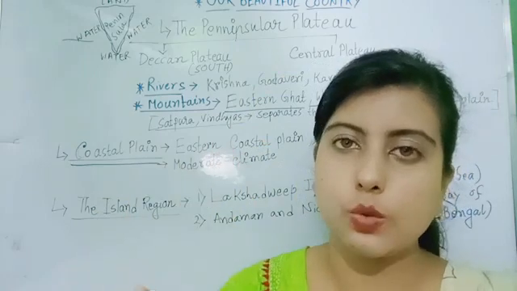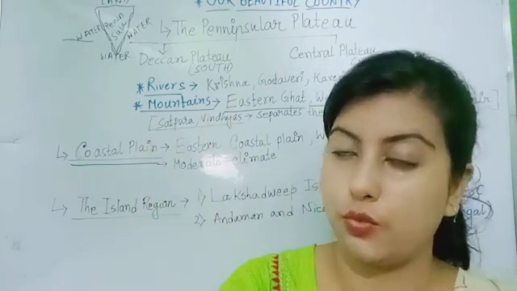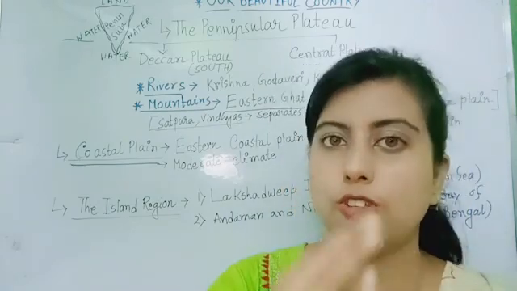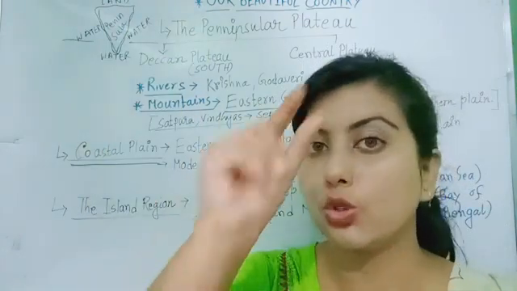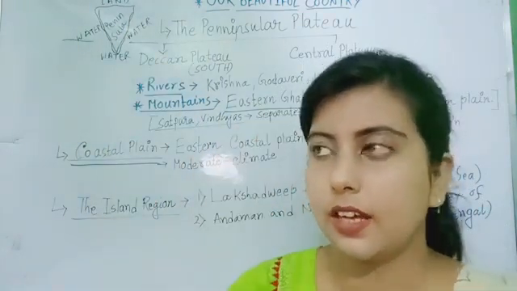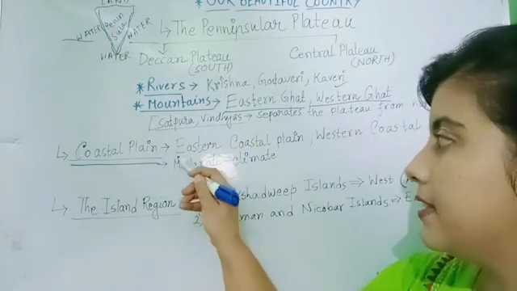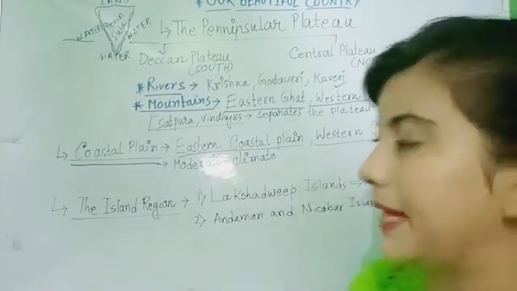And as you all know, India has the Arabian Sea in the west and the Bay of Bengal in the east. So along these two seas, there is coastline. Now the two major coastal plains are the Eastern Coastal Plain and the Western Coastal Plain.